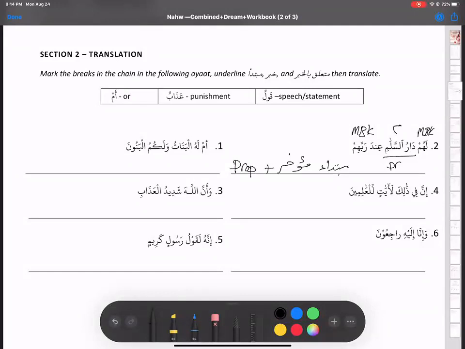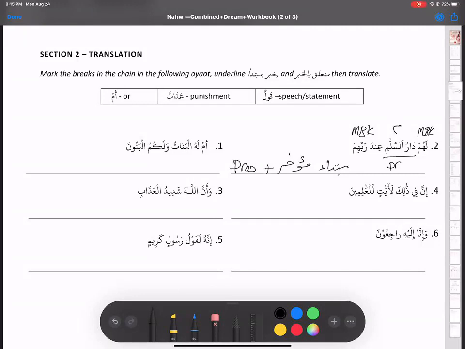If Mubtada is Muakhar but it is common, then no exclusivity. We should keep that in our head, okay? So Mubtada really needs to be proper if we want exclusivity over there. We need to keep in our head when exclusivity happens and when it doesn't happen.